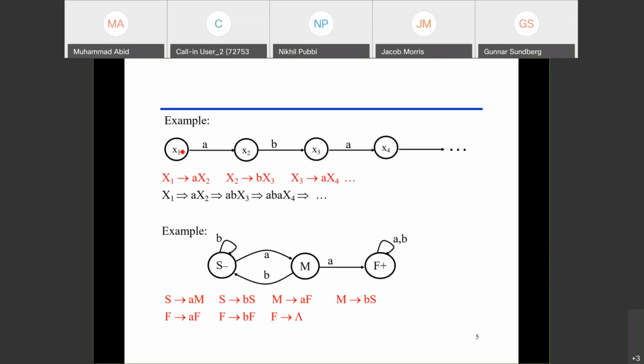We know that all the state names are the non-terminals, so we can say this is x1, and it goes to x2. The direction is this and the label is a, so x1 tends to a x2. This is the way you can write this. In exactly the same way, look at this one: x2 tends to b x3, x3 tends to a x4.